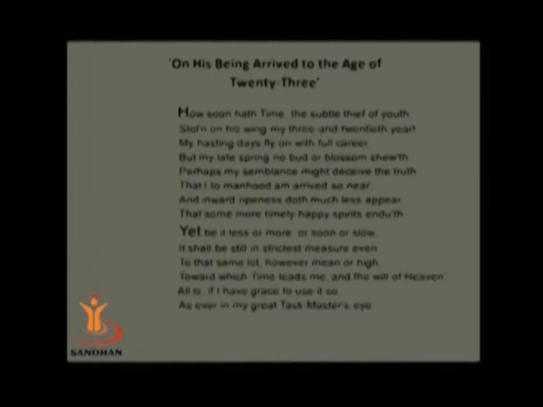Coming to the poem that we are going to discuss today, on his being arrived to the age of 23, we see that the poem that has been displayed here before you now is different in structure from the poem that was structurally displayed in the initial slides.